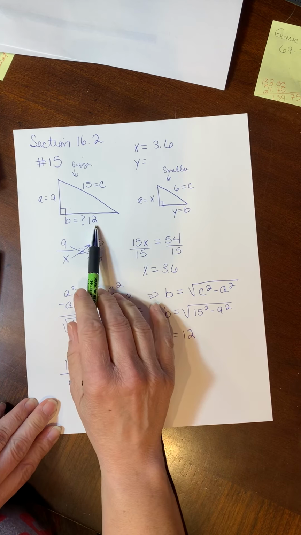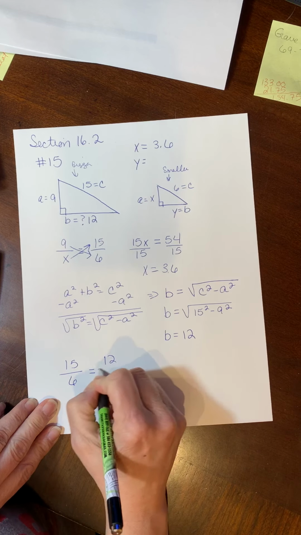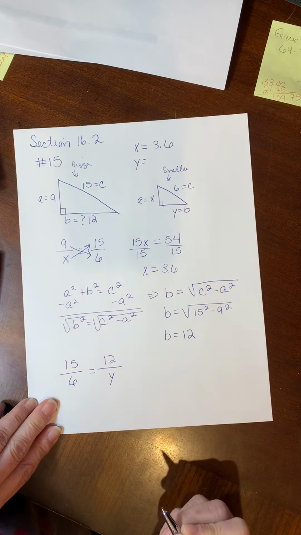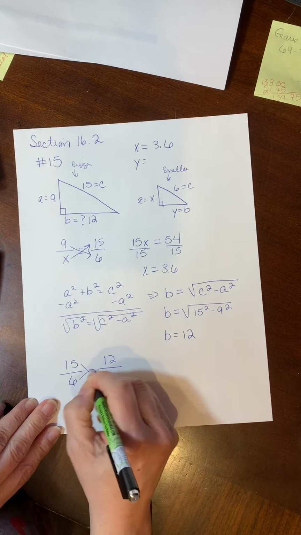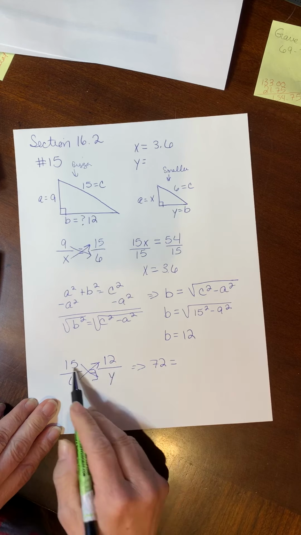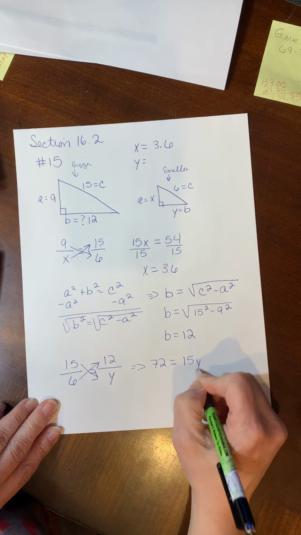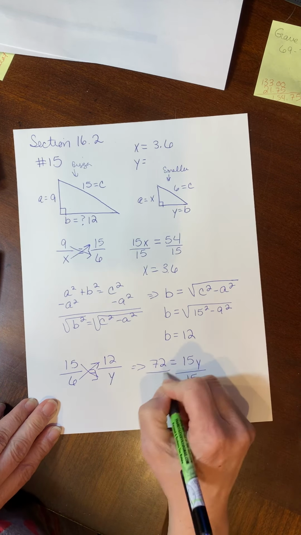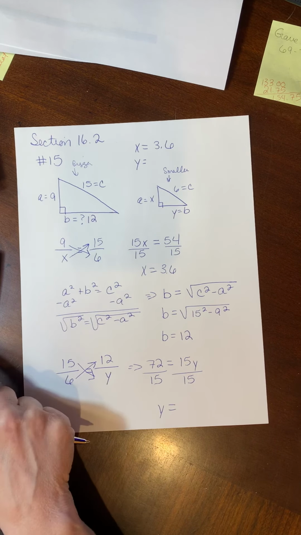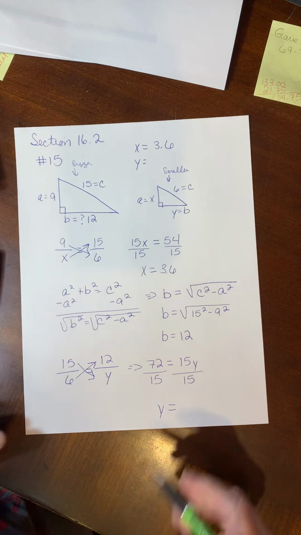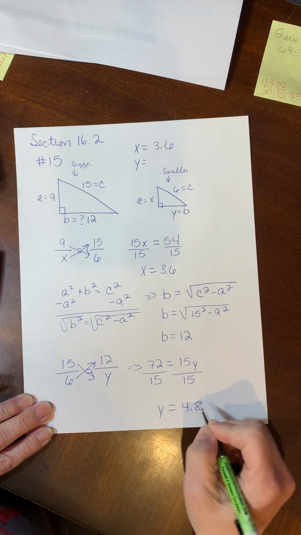As we always start with the big side, 12 is to Y. Cross multiply, 6 times 12 is 72, equals 15Y. Isolate your variable. Type into your calculator 72 divided by 15. Y equals 4.8.